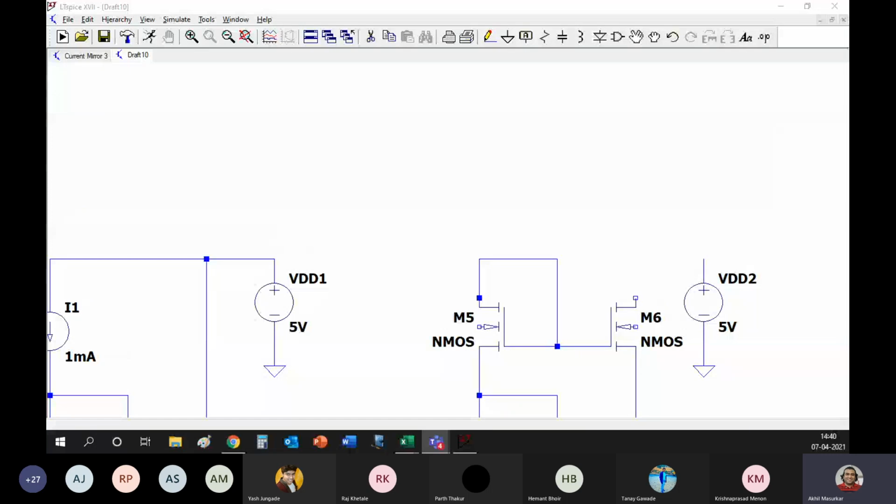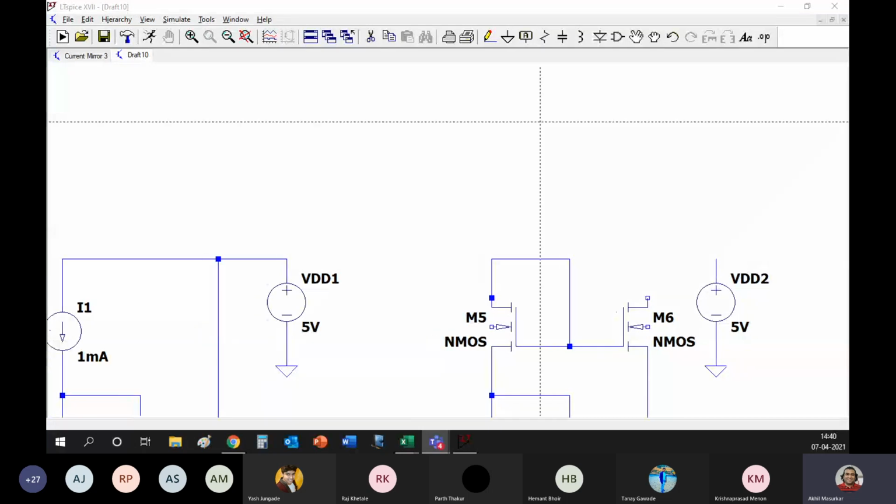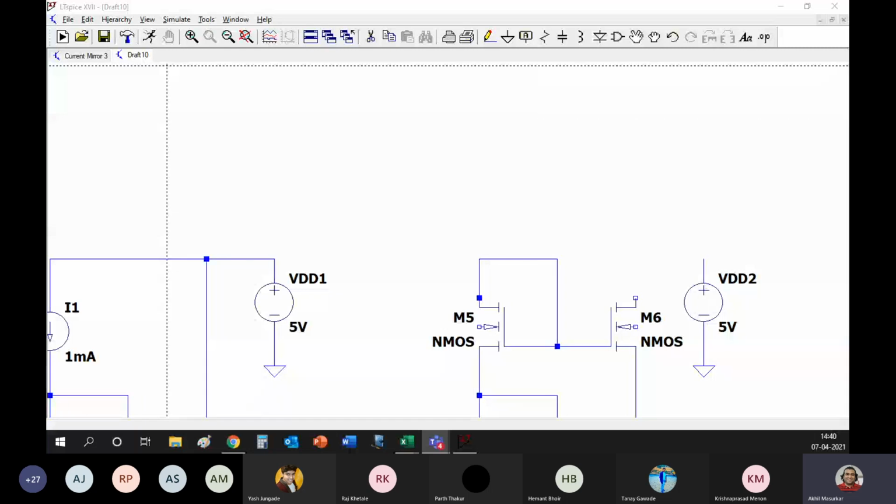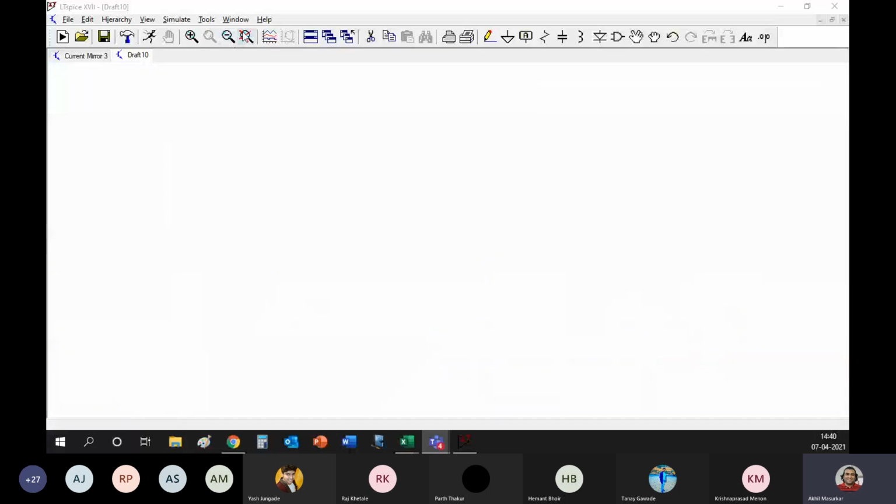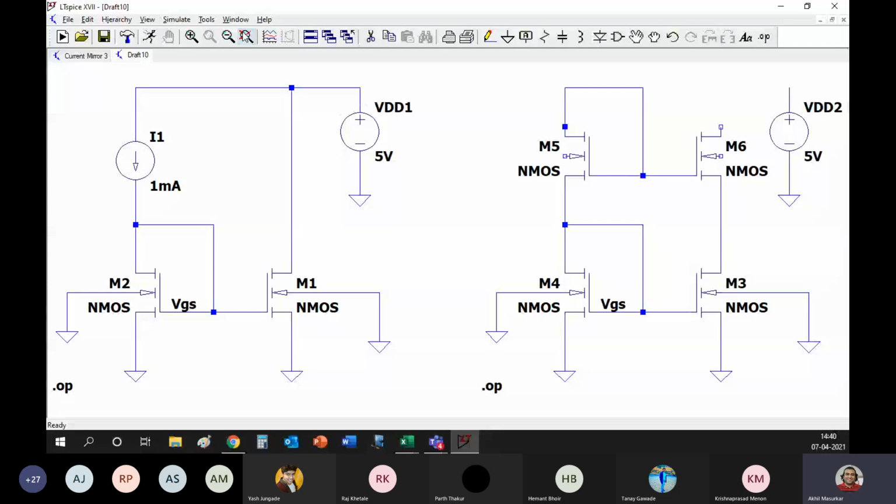Which device is the cascode device? Karthik, can you hear me? Tanay, can you hear me? Parth? Yes, sir. So out of M3, M4, M5, M6, which device is the cascode device? We have done that last time.